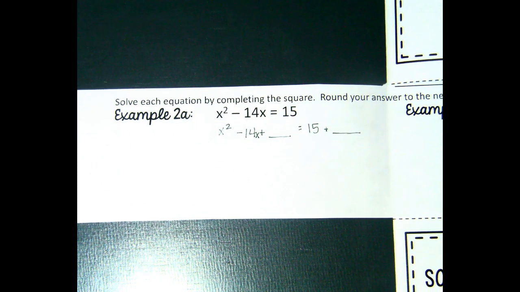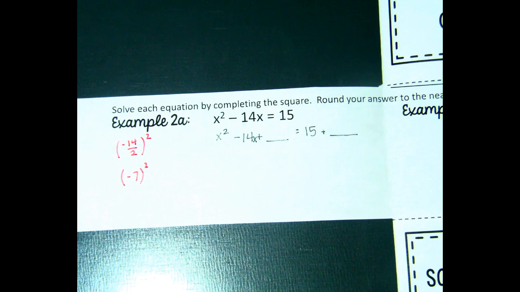Right now I'm going to do the exact same thing. How did I find what goes in my blank? Negative 14 divided by 2. What is negative 14 divided by 2? Negative 7 squared.